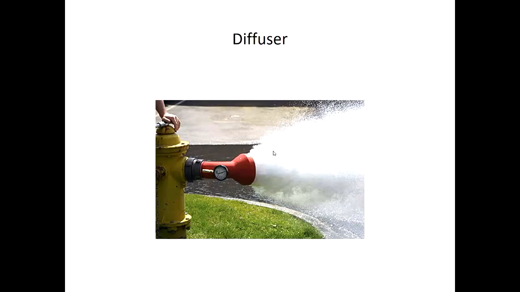So turbine and compressor, we will use in the gas turbine cycle and the steam turbine cycle, and the nozzle and the diffuser will also be used in the gas turbine, particularly in a cycle called the turbojet cycle. We will have the diffuser and particularly the nozzle there.